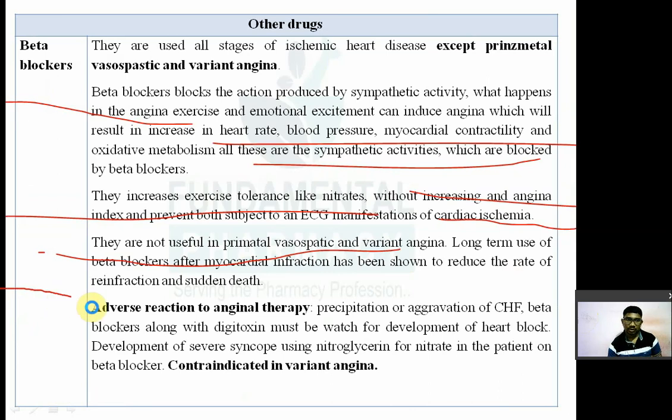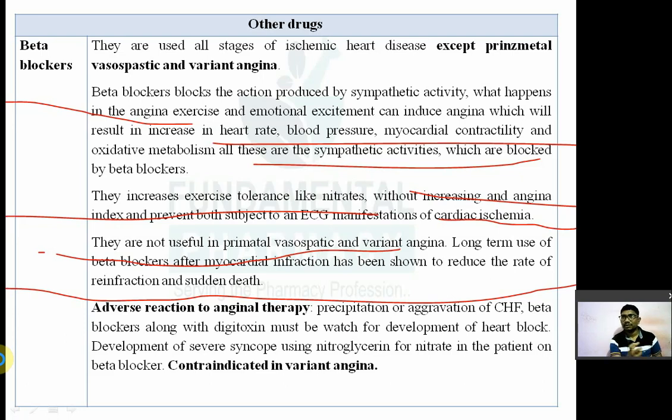लॉन्ग टर्म अगर बीटा ब्लॉकर यूज करेंगे तो वो बेनिफिशियल है, because they reduce the rate of reinfarction and sudden death. मतलब angina pectoris की वजह से क्या होता है? Myocardial infarction होता है. जैसे infarct मतलब क्या? So if there is an occlusion of blood vessel by clot then it is known as an infarct. अगर वहाँ पे प्लेटलेट एग्रीगेशन हो गया, क्लॉट फॉर्म हो गए and due to that there is a blockage, that is known as an infarct.